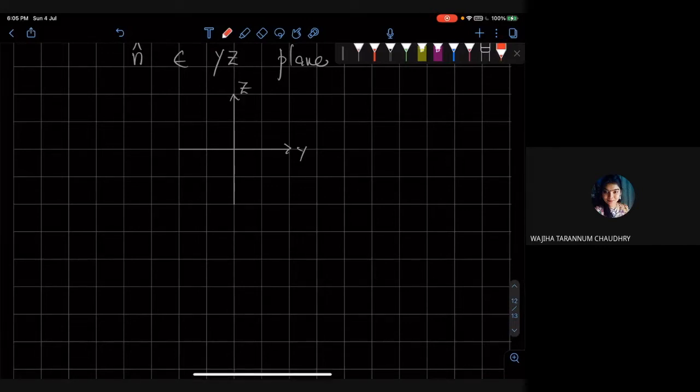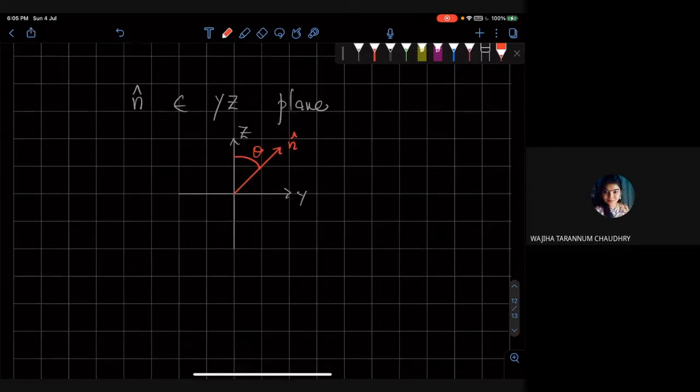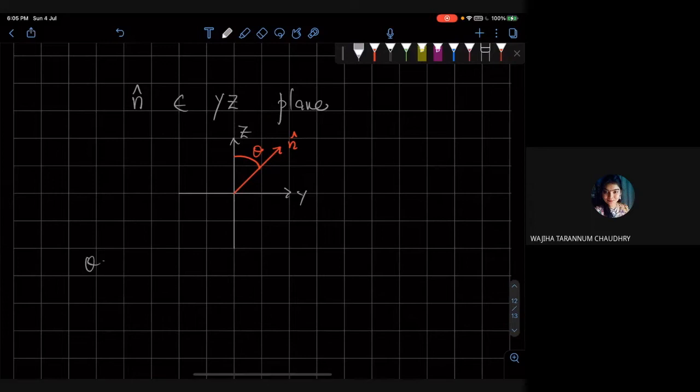And this is the unit vector n, and it makes an angle theta with the z-axis. So what we have done so far is we have taken theta to be 0. We have been finding the eigenvectors of the SZ operator.